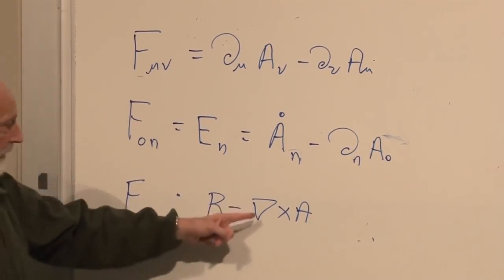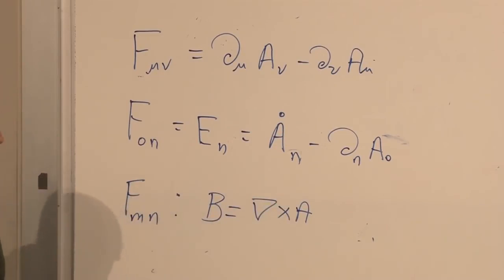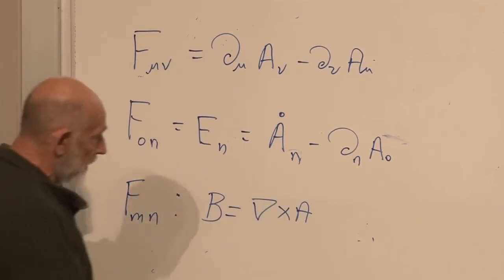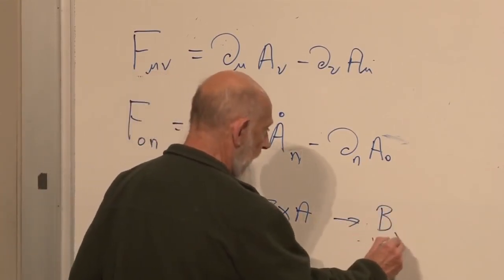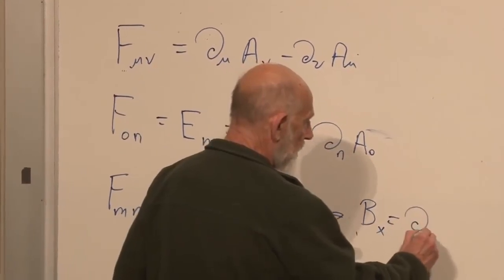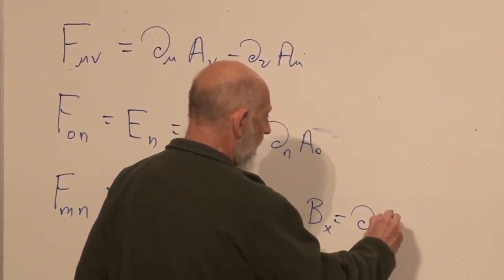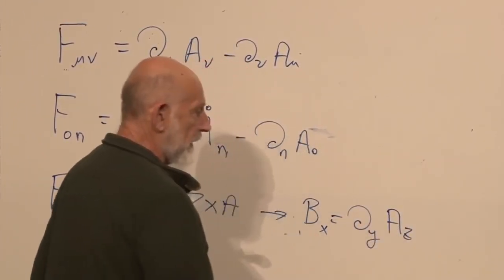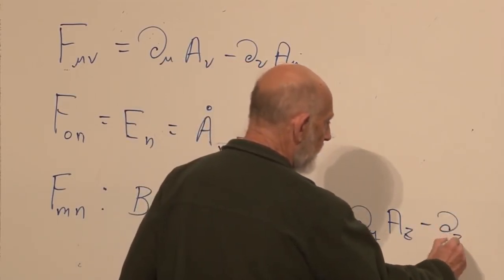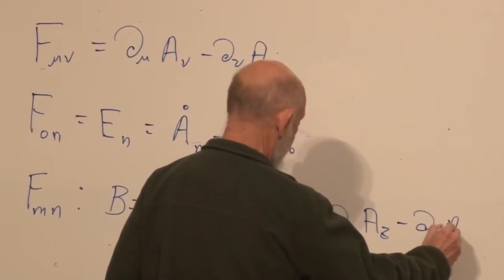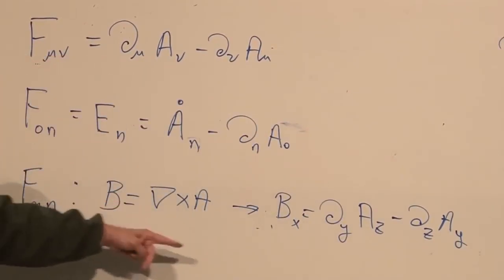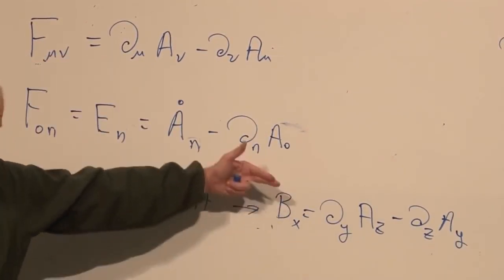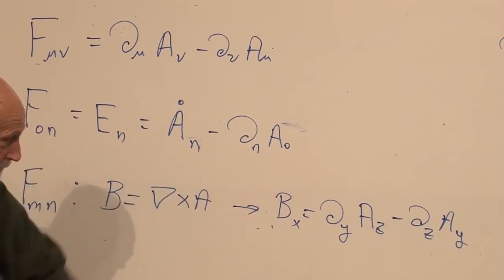For example, b sub x is equal to the derivative with respect to y of the z component of the vector potential minus the derivative with respect to z of the y component of the vector potential. This is just shorthand for three equations, for bx, by, and bz.